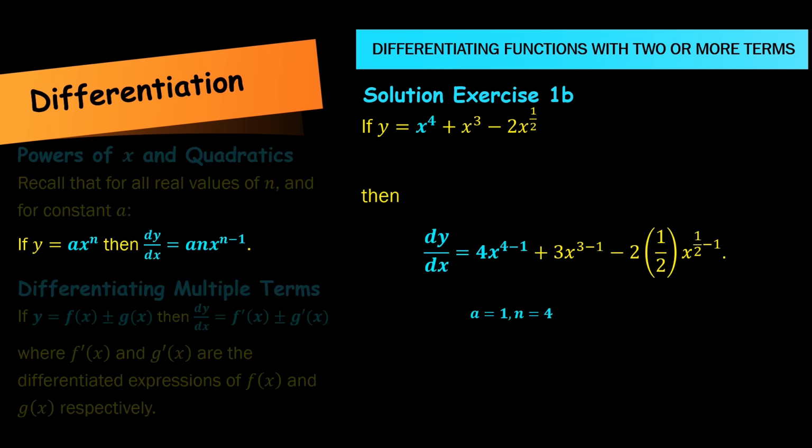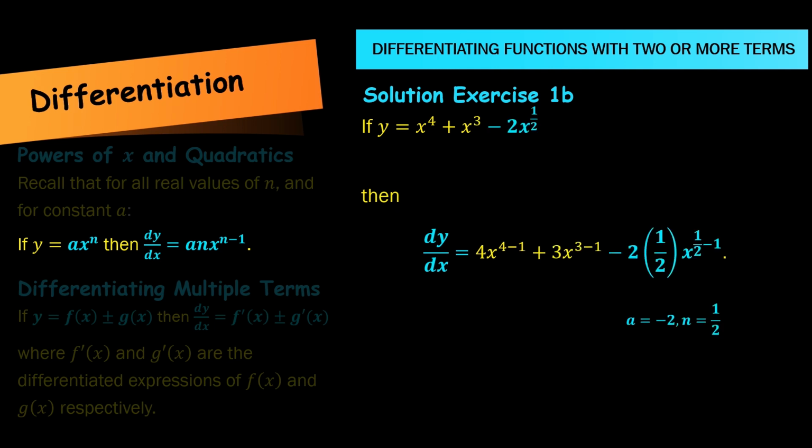For the term x to the power 4, we have that a equals 1 and n equals 4. And this gives us the resulting dy dx for this term. For the term x cubed, we have a equals 1 and n equals 3. And hence dy dx equals 3 times x to the 3 minus 1.